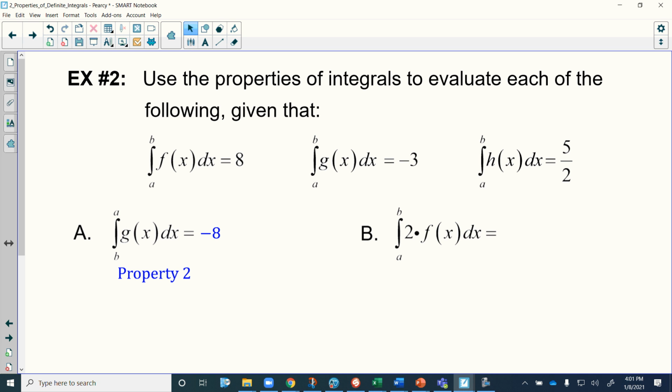Here, this is where we have the constant multiplied to whatever the function happens to be. So this is the property where you can pull that 2, the constant, out of the integration itself, and then do whatever the integration is. So here we're saying the integration from a to b of function f, which was given to you to be 8. So you take that 8 and multiply it by the constant of 2. So the final integration would be 16.